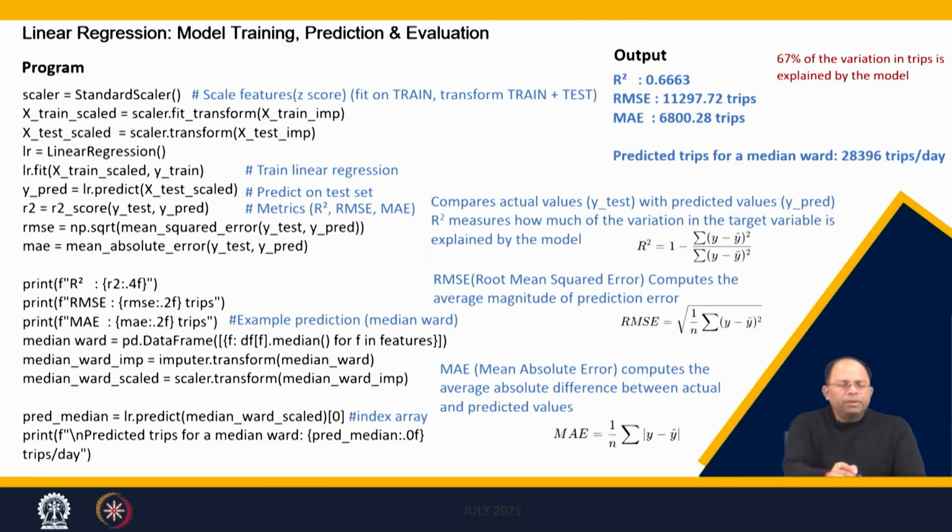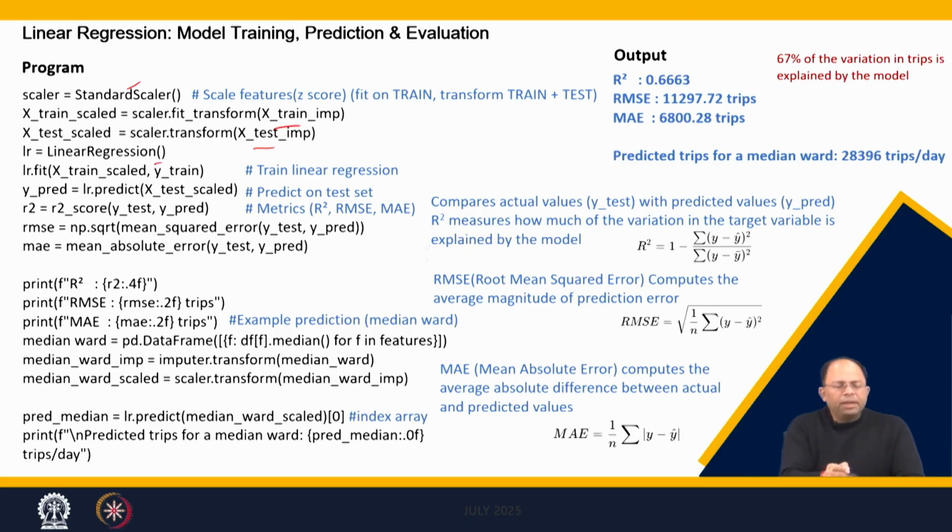Then we are using StandardScaler, which is to scale the features. That means features are scaled using the z-score. Once we decide to go for the StandardScaler, we are scaling X train imp and X test imp both, and storing those values.